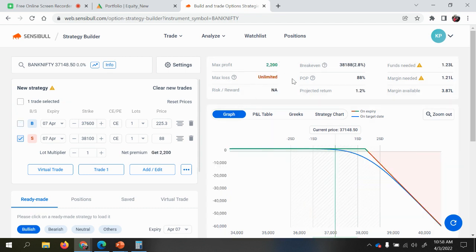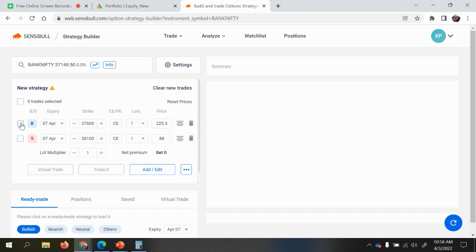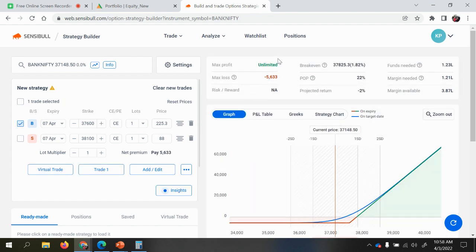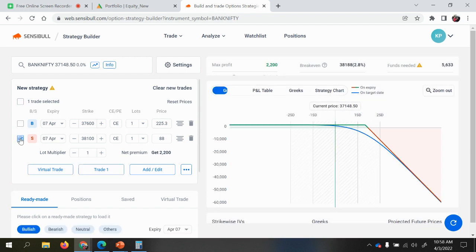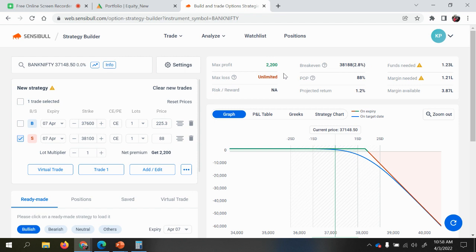When I go with the naked sell, we have very little max profit potential compared to buying, but we have unlimited loss. Let me show you only the buy position: it has unlimited profit, and the loss is almost 5,633. If I go with the selling position, my profit will be very little, with a chance of unlimited loss.